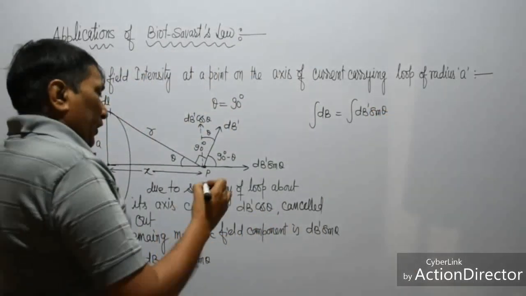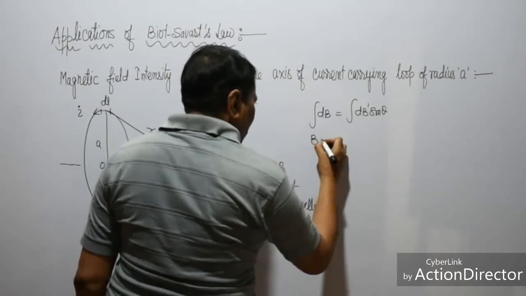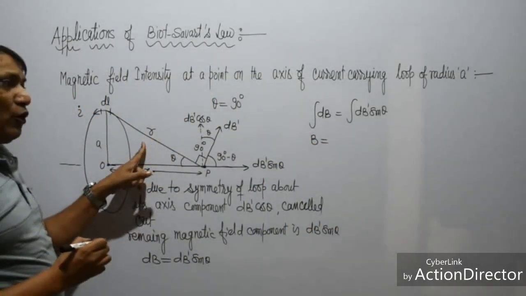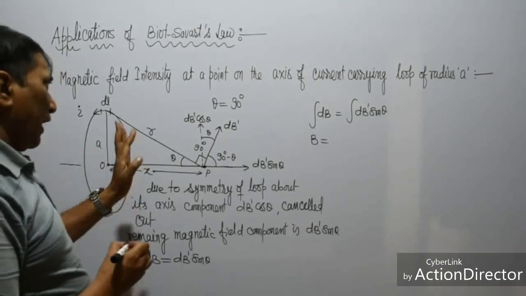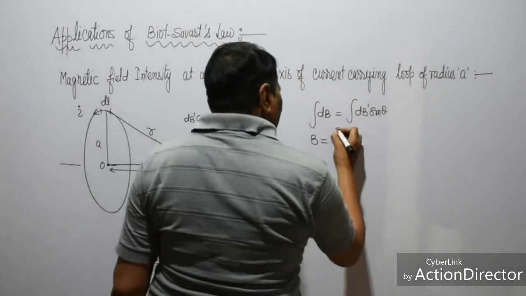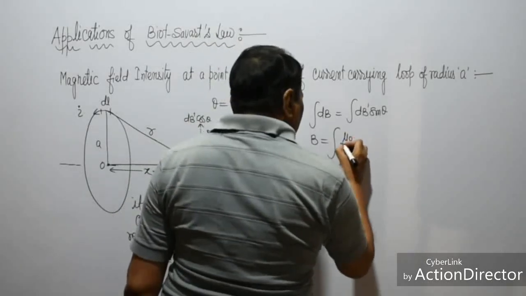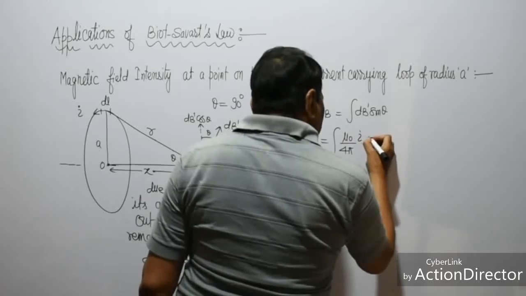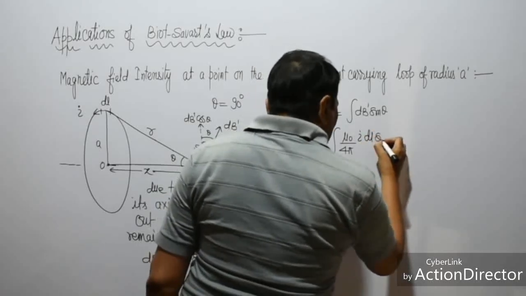Here this is equal to B. Now dB dash according to Biot Savart's law, Biot Savart law के अनुसार dB dash कितना होगा? It is equal to mu 0 upon 4 pi I dl sin theta.